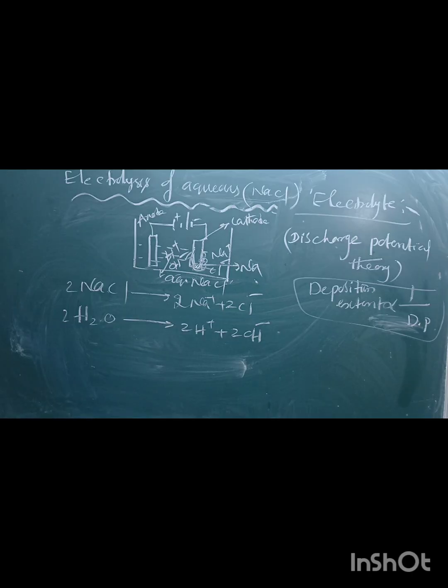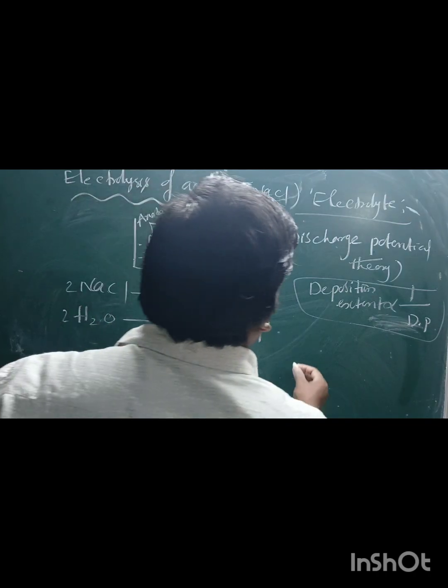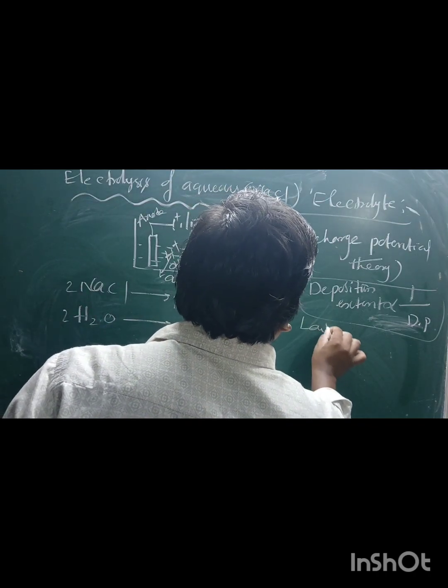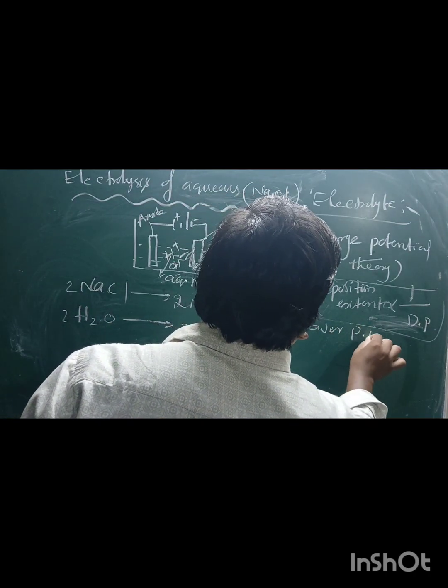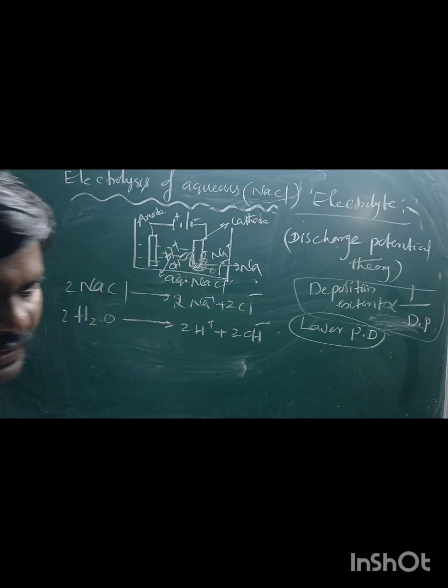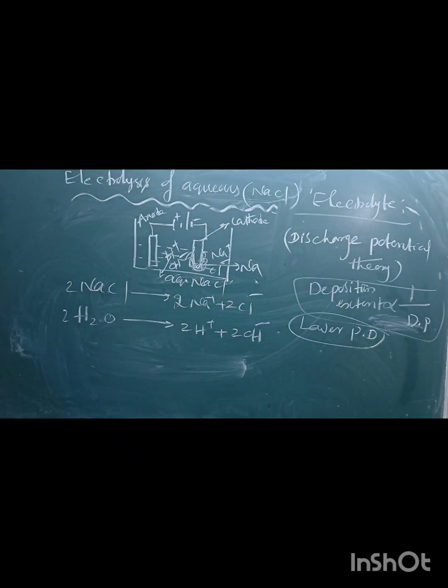According to the preferential discharge theory, the ion with lower discharge potential will deposit first. Okay, what is the order here, sir? The order is decreasing order of discharge potential for various anions, or increasing order for cations.